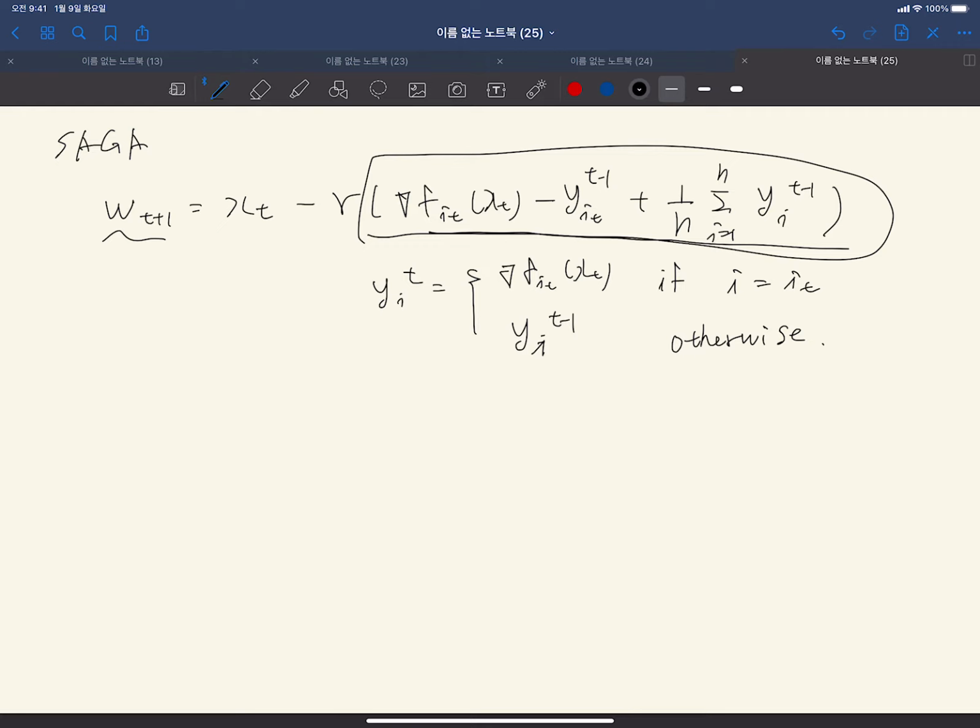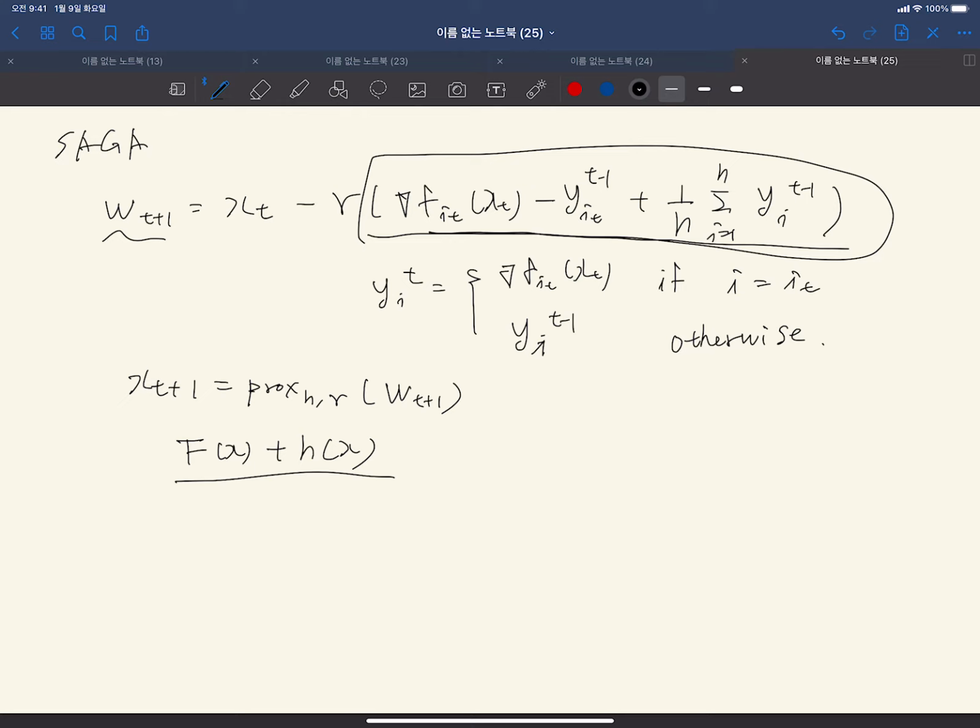This paper considers the proximal gradient descent approach. When we have an additional cost function h, we have to use the proximal gradient with the h cost function and step size gamma with this update rule. Then this update rule will converge to the optimal solution of the total function f(x) plus the cost function h(x).